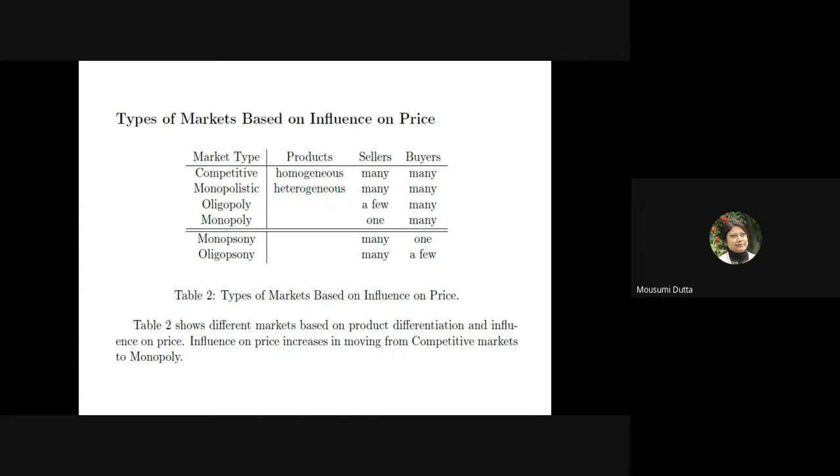So it is a little bit changed from perfect competition. In the case of perfect competition, products were identical. Here, the products are heterogeneous. We call the industries here industry groups.